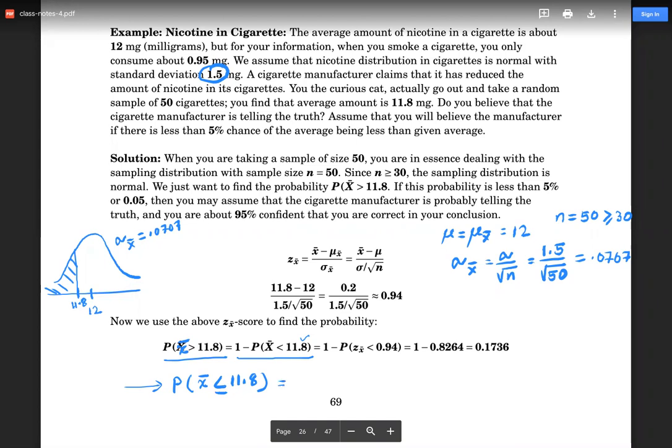For 11.8, this problem has too many typos. I don't like it. I need to fix it. Sorry about that. Do you see that this number should be negative? Because 11.8 minus 12. So please, my apology, everybody.